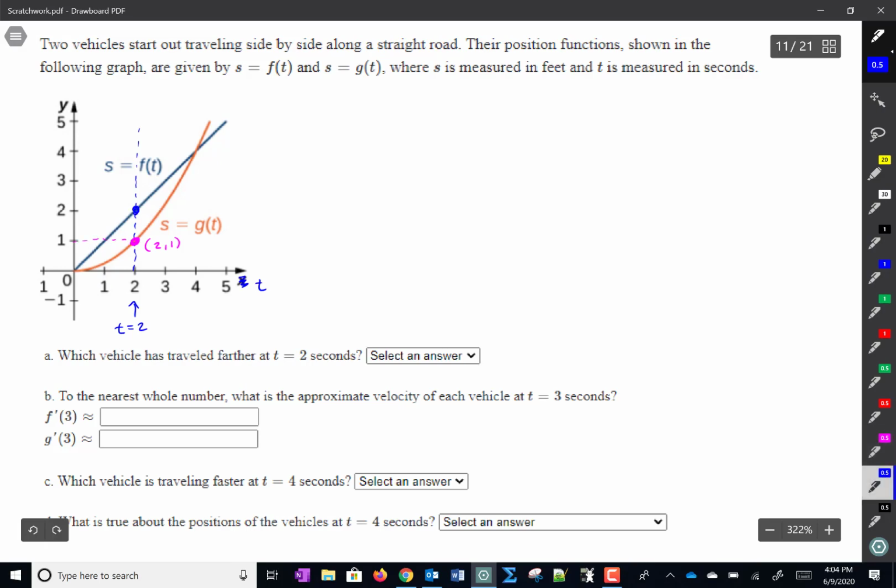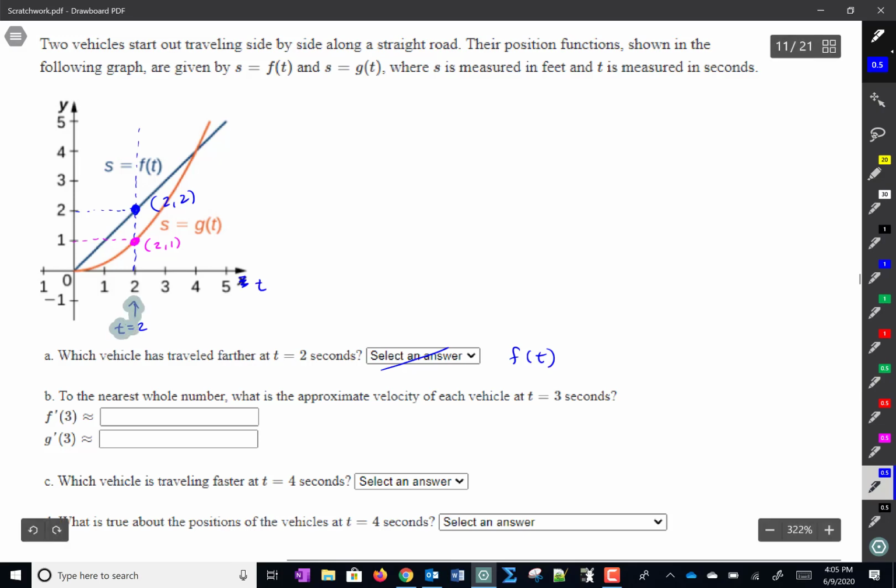And when t is 2, f is at 2. So they said this is measured in feet, so 2 feet is further than 1 foot. These vehicles aren't obviously moving very quickly, but regardless, the point is that f of t has moved further at that particular point.